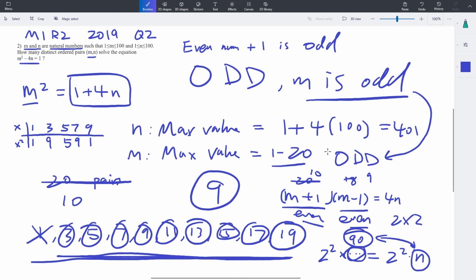So for example, we got the max value of n is 401. Therefore, maximum value of m is 120. But then we use the initial constraint that m is odd, and that reduces our number of pairs to at most 10. And then out of these 10, we can just list them out, and it works out.